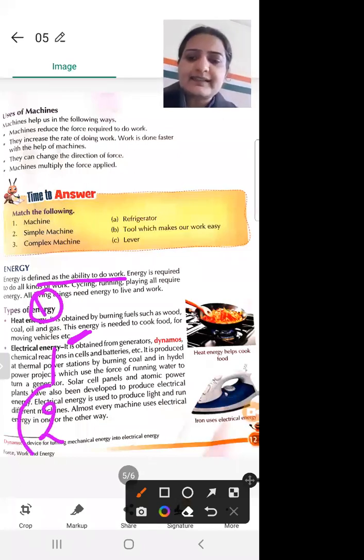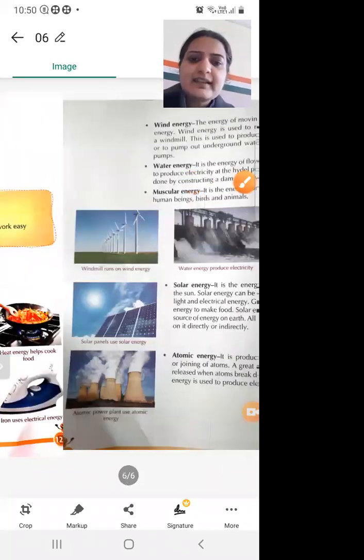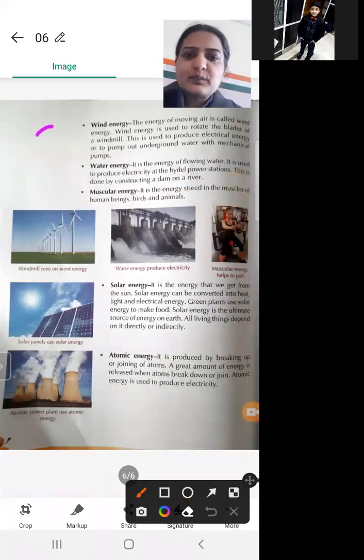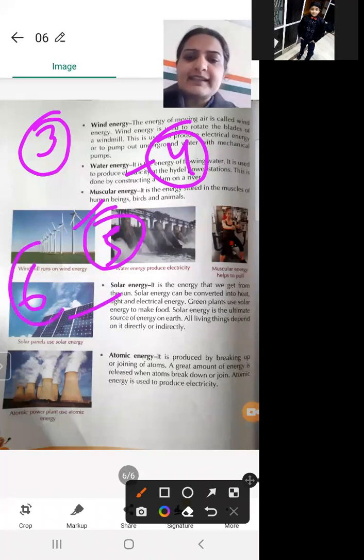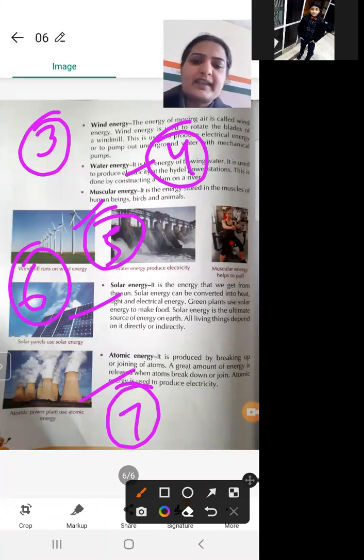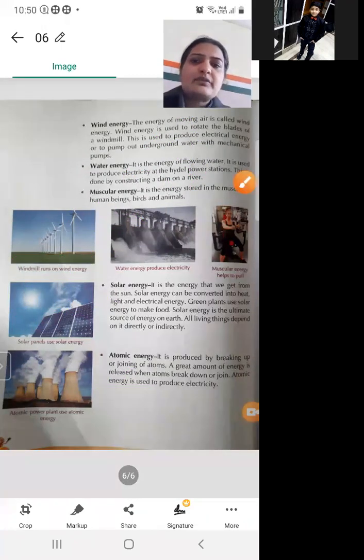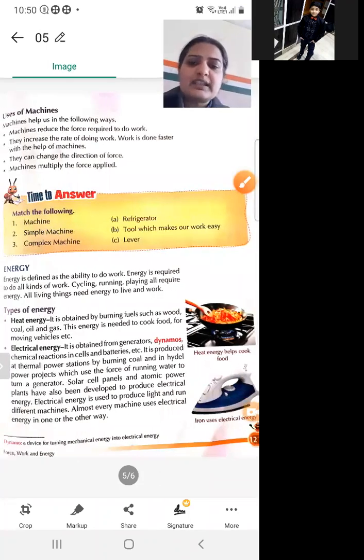Second is electrical energy. And third is wind energy. Fourth is water energy. Fifth is muscular energy. Sixth is solar energy, and seventh is atomic energy. So you have to reach up to heat energy.